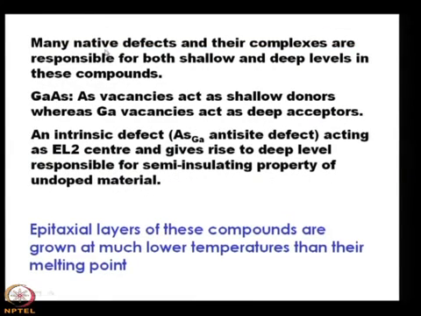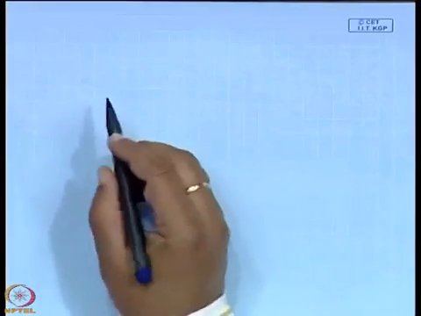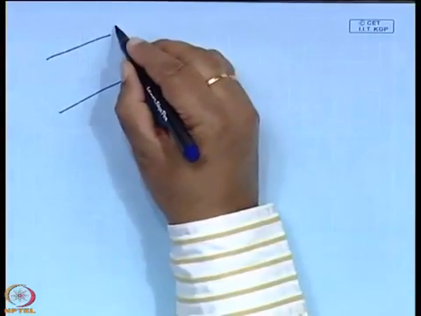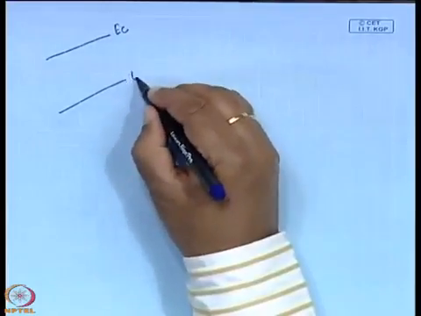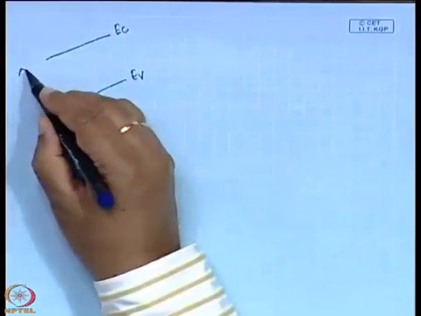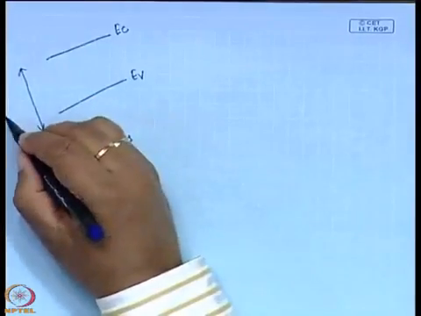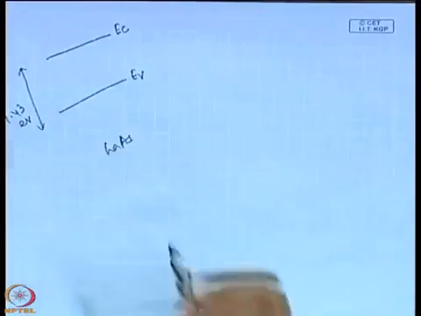Also, it can have many native defects, and their complexes are responsible for both shallow and deep levels in these compounds. We have also discussed what is deep level and what is shallow level, and let me discuss this again to refresh your memory. Suppose it is the band structure diagram, it is the conduction band edge, it is the valence band edge, and say it is gallium arsenide whose band gap is 1.43 electron volt.